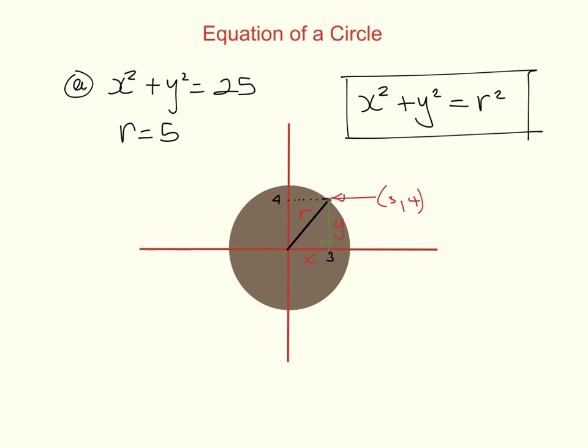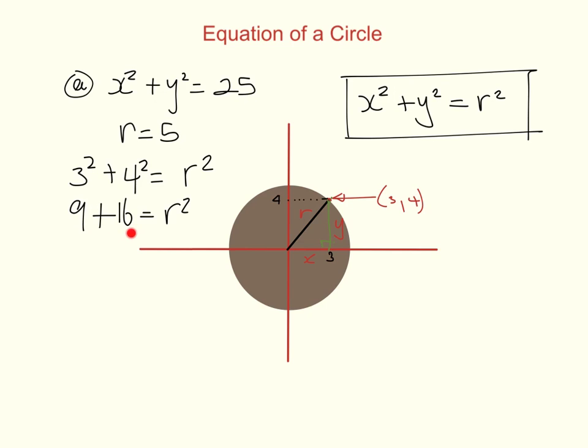Well, let's go for it then. Replace the x with 3, replace the y with 4. So we get 3 squared plus 4 squared is equal to r squared. That's what we're trying to find out: that r squared will be 25, or r is going to be 5. So 3 squared is 9, 4 squared is 16, and that equals r squared.